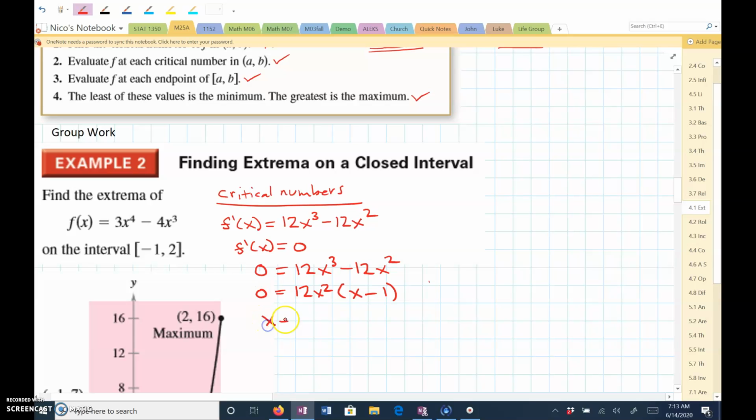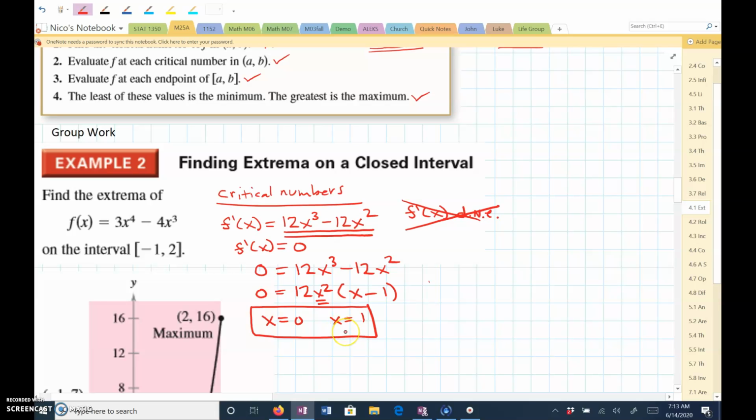So when x is 0 and when x is 1, that would make this equal to 0. Those are the critical numbers. Notice that there are no x values where this derivative does not exist, because we don't have x values in the denominator. So we have our critical numbers.